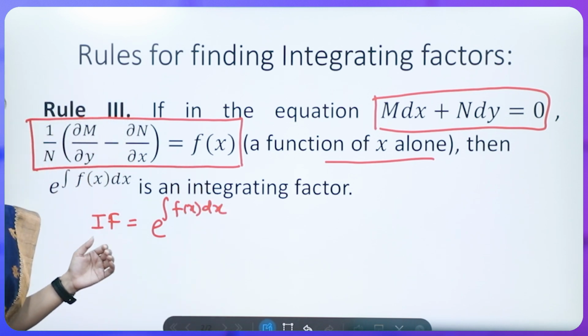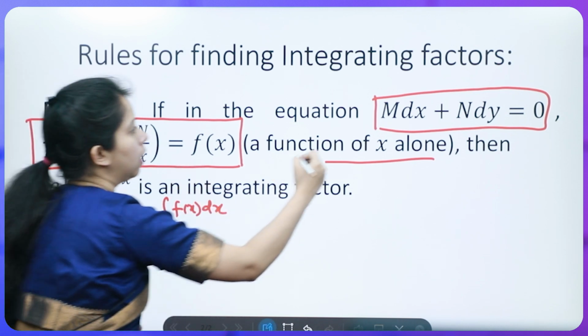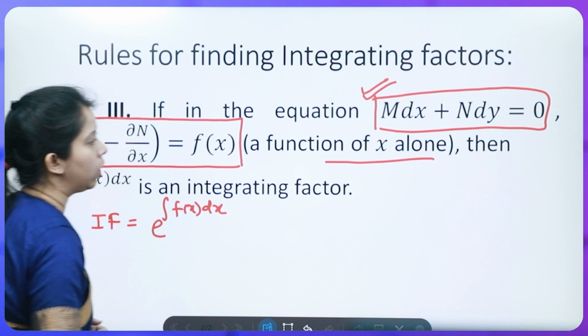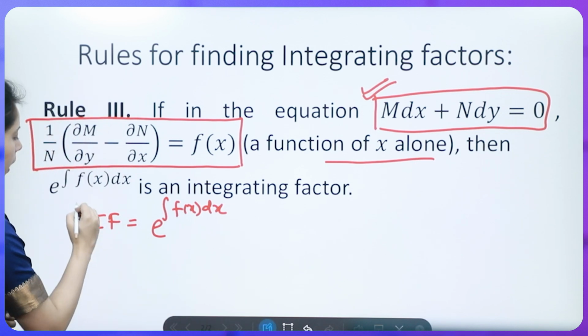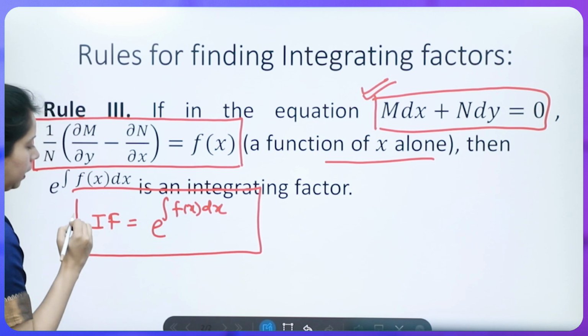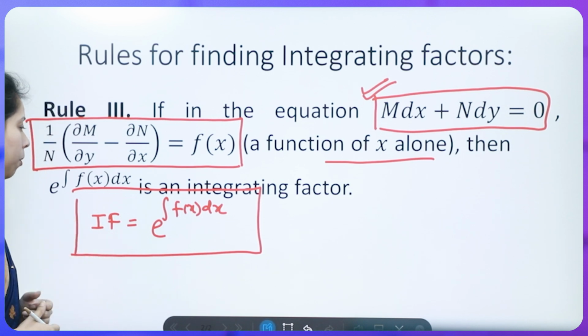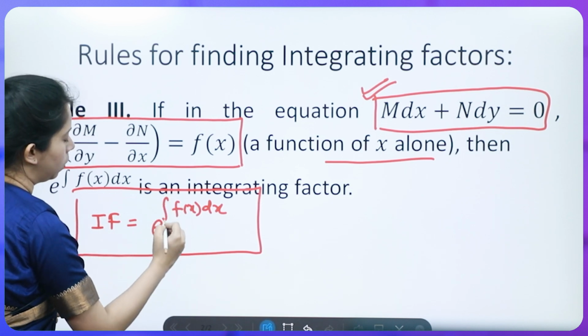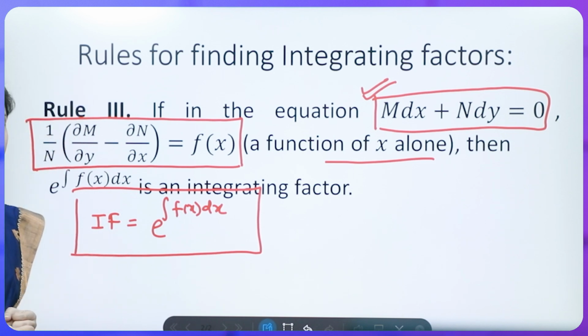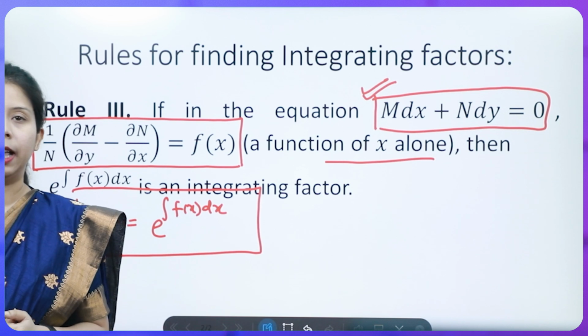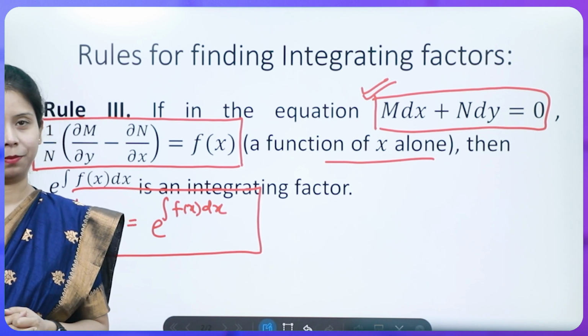So, this is rule number 3, by which you can convert a first order differential equation into an exact differential equation by finding the integrating factor with the help of the formula e raised to the power integral f of x dx. So, let us understand this rule 3 with the help of a few examples.